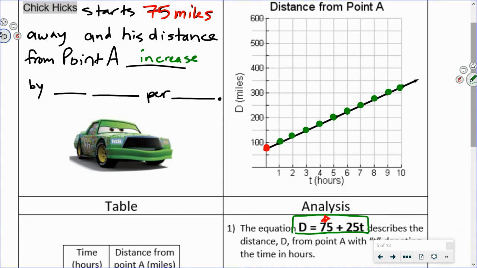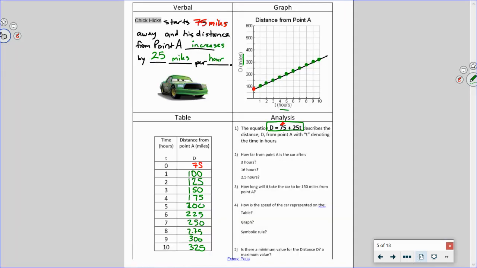How much does it increase? How much is he driving further? Well, 25. Okay, 25 what? We are comparing miles to hours, 25 miles per hour. All right, ladies and gents, we now have represented the same relationship in words, in a graph, in table, in equation form. So let's just analyze a little further and call it a day.